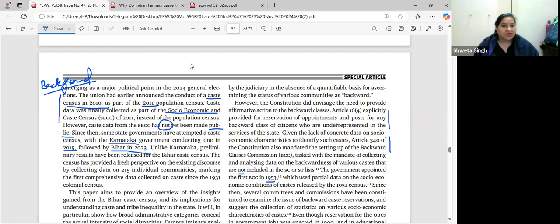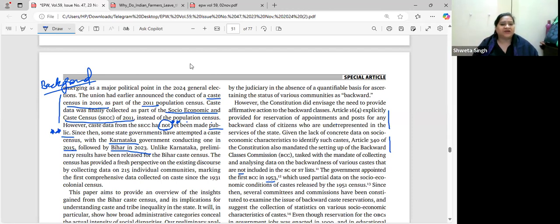We collected the socio-economic caste census in 2011 instead of the population census, but the most important thing, the data was not made public. And it's very good that it was not made public, otherwise it would have created a lot of friction. But the data was there for the government. So how does data help? We'll be realizing it later.